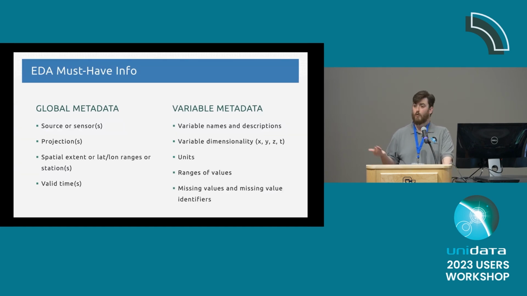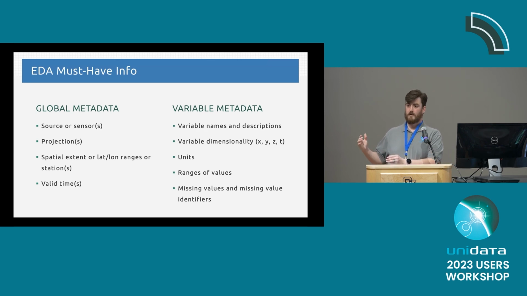The source of the data, or in more observation and lab settings, the sensors used. Remember, this information might be contained within your data set itself, or you might have to go digging for it. The projection and geographic information tied to especially gridded data, the spatial and temporal extent of your data, the variable names and descriptions and units and relevant information for the physical quantities themselves, the dimensionality of each of those variables, again, especially for gridded data, like how those are organized within your data set.